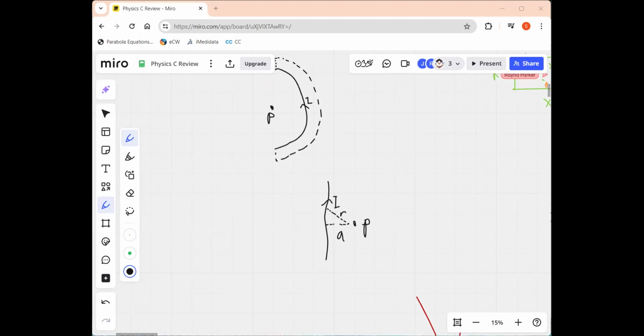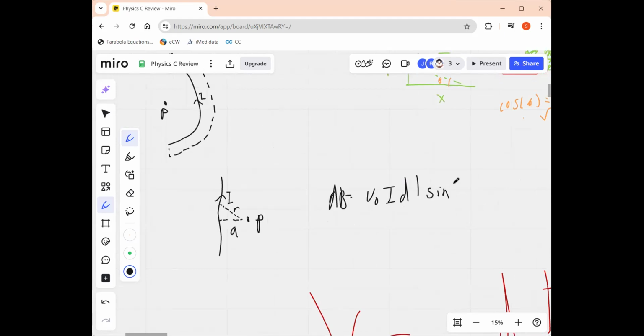So dB equals mu naught I over 4 pi over R squared.